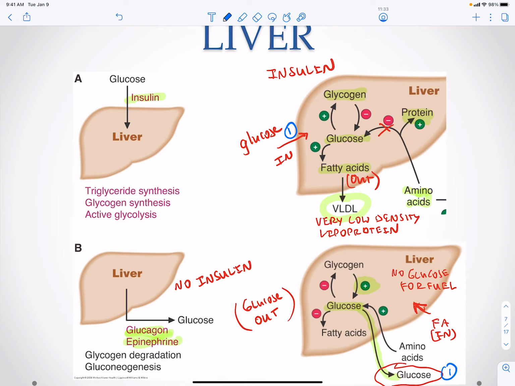Our number 2 is our glycogen is stored. Number 2 is our glycogen is going to be broken down. Number 3 is our fatty acids are made. Over here, our fatty acids are used for fuel.